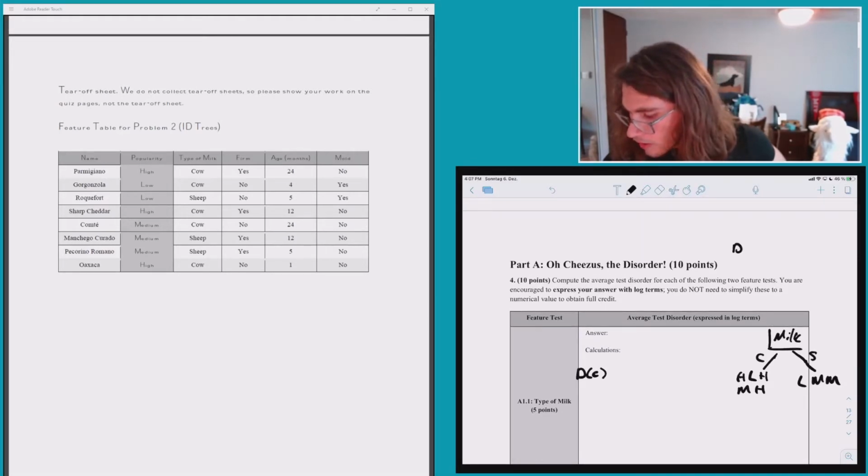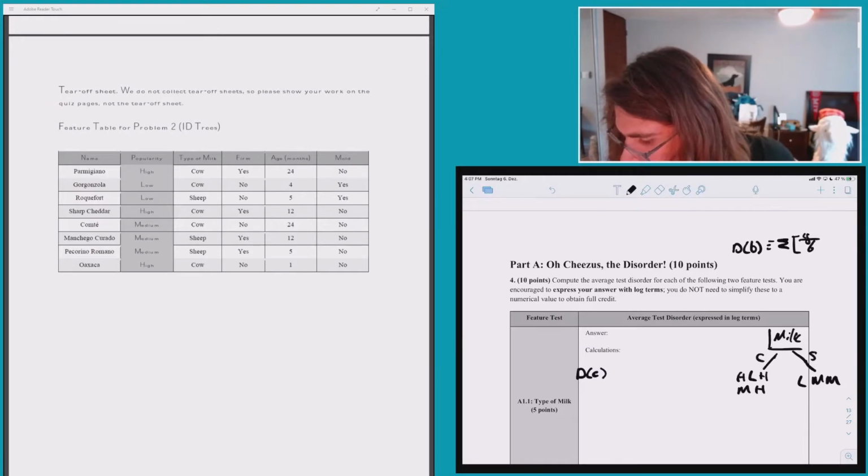So the disorder of a branch is equal to the negative sum of the number of points of a particular class, I'm just going to write y, over the number of points in the branch, and then the log base 2 of the number of points in a classification over the number of points in the branch. And that's a bit crammed. I hope you got all of that, hence why I also said it aloud.